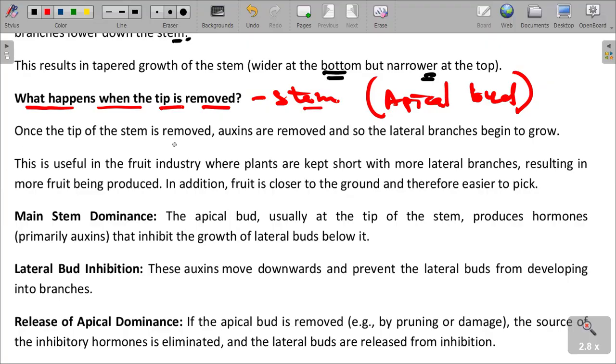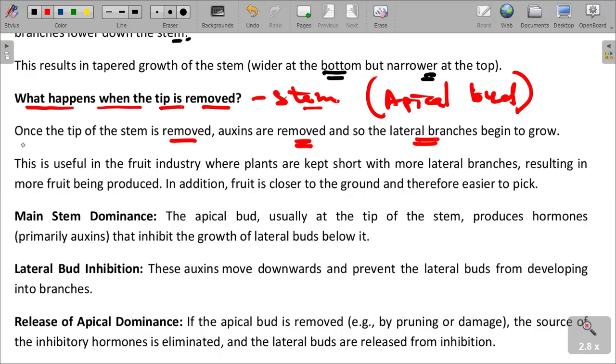Once the tip of the stem is removed, auxins are removed as well. Immediately the tip of the stem is removed, the auxins are removed. So lateral branches will begin to grow. That is why you see the situation with a bushy plant that I showed.